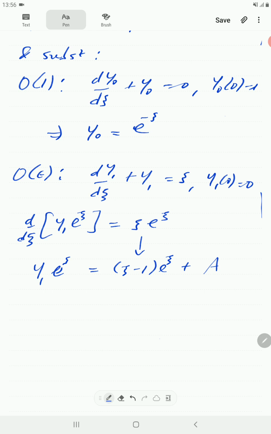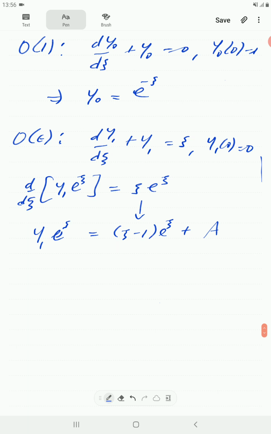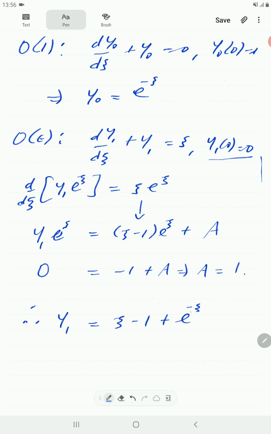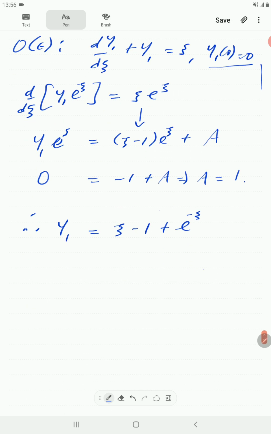This process here is by integration by parts. Just make sure you can work through that. And then when xi is 0, y1 is 0. So if we plug in here, this is going to give us minus 1 plus k is 0. So it tells us that k is equal to 1. Then when we rearrange, this is telling us that y1 is actually going to be xi minus 1 plus e to the power of minus xi.